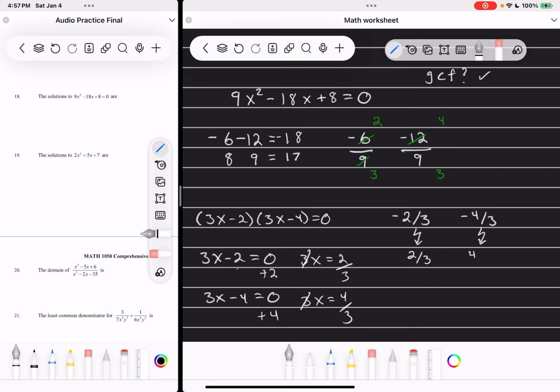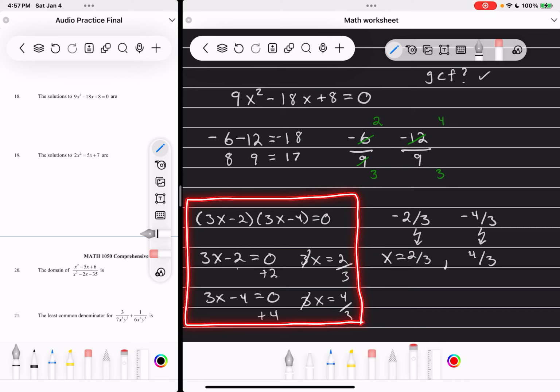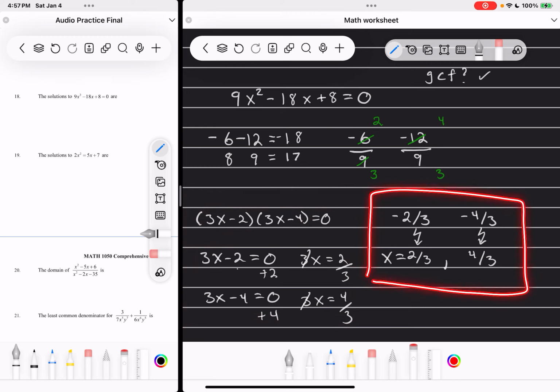And the same thing with the 4 and the 3. And we can say that x equals these two numbers. So this method over here is not completely necessary unless there's not an equal sign. If there wasn't an equal sign, you would pretty much just keep it like this middle part here. With an equal sign, we might as well just solve the question right now, which is what we did here. So our answers are going to be 2/3 and 4/3.